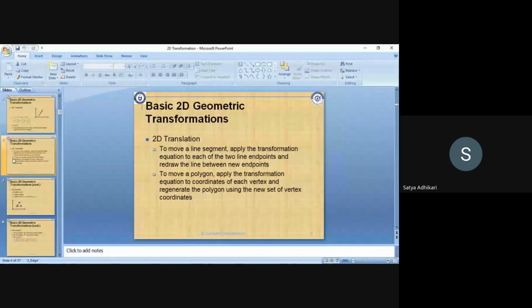So to move a polygon, apply the translation equation to the coordinates of each vertex. After translation, you join the points with line segments, and a new polygon will be generated. In this way, we can translate not only a point, but also a line or a polygon.